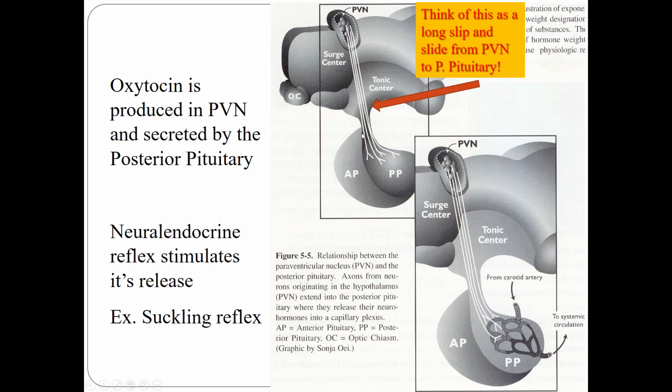Then it gets shuttled into the hypophyseal portal system right here. Then it targets its cell type in the anterior pituitary. Then we get it dumped into the blood system. So there's multiple steps on the anterior pituitary side and not as many steps on the posterior side.